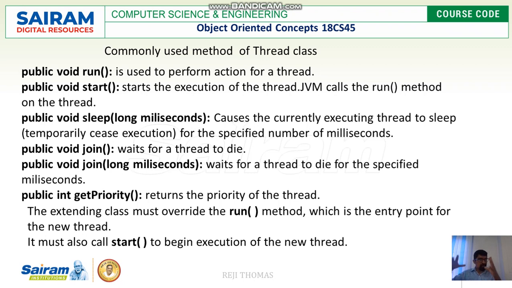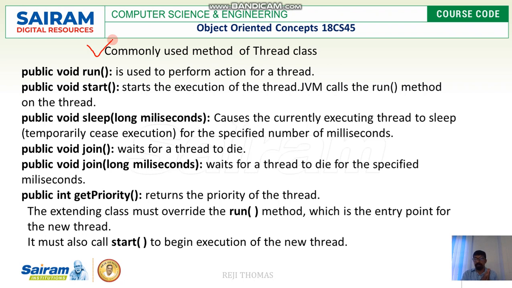We know what is there in the class called Thread, so we can make use of it. As we have seen in the previous video, the Thread class has got a few very important methods. One is the run method. This actually performs the actual action of a thread. What you write inside the run is going to be the part of the thread.